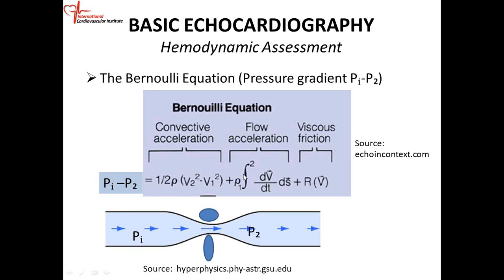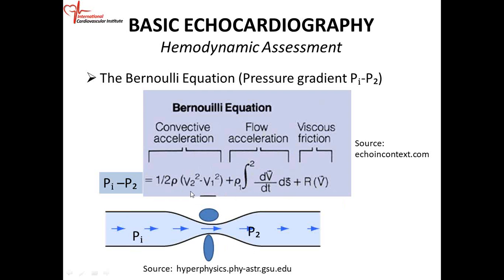Then the flow acceleration, okay, is represented by this. You need the average velocity, the time, and the distance, okay, and then the viscous friction is represented by the resistance and the velocity. So this is the Bernoulli equation formula.